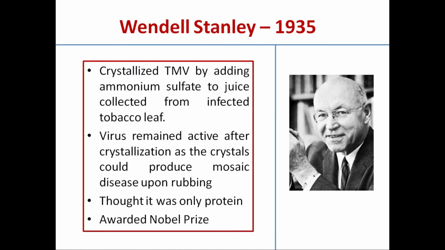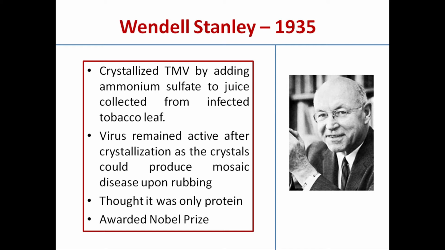After Beijerinck, there was a gap of about 37 or 40 years, and there was no significant development in the study of plant viruses. Stanley, in the year 1935, crystallized the tobacco mosaic disease agent by adding ammonium sulfate to the sap collected from infected tobacco leaf.